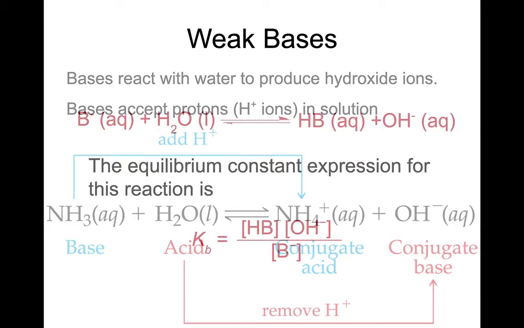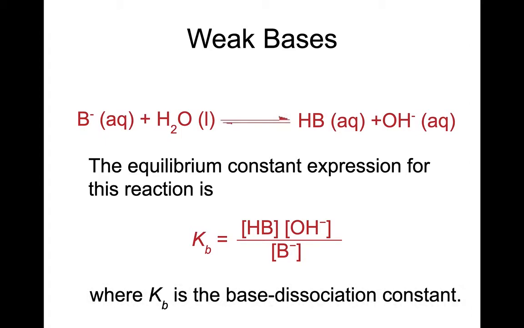And so just like before, when we had acids, we can write an equilibrium expression for these reactions. Up at the top, we've got the general equation for the reaction of any base with water. Anytime a base reacts with water, it's going to pick up one hydrogen from the water. So the water has one less hydrogen, the base has one more.